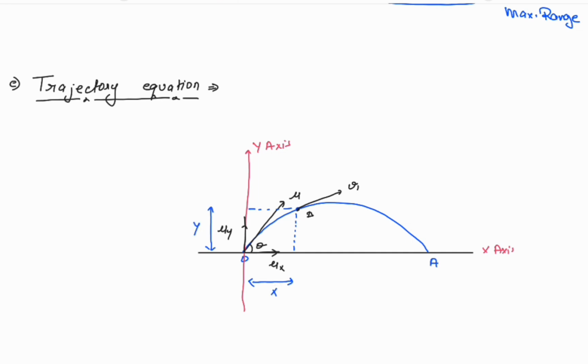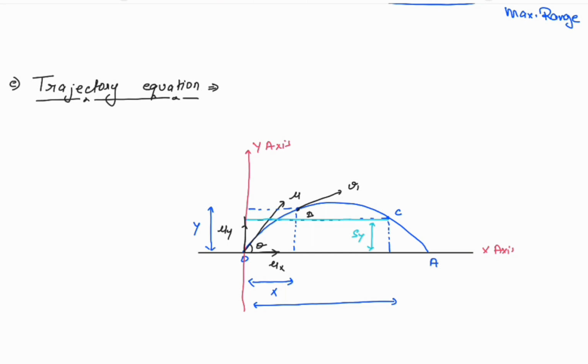Okay, suppose the projectile is at this point C. What is the value of the x-axis displacement? This is the x-axis displacement, and this is my y-axis displacement.